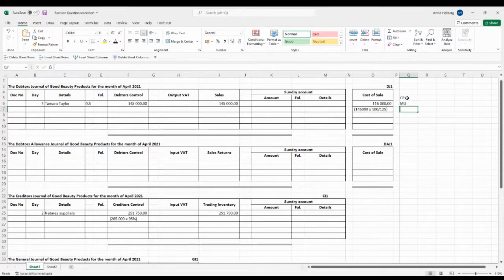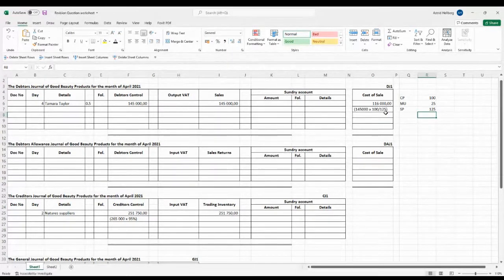Markup sales price. So we said markup percentage means profit on cost. So the cost is 100, our profit is 25, so our sales would be 125. Now to work from a sales value, which is the 125, back to 100, we have to divide this by 125, and then we multiply it with 100 to get to 116,000.